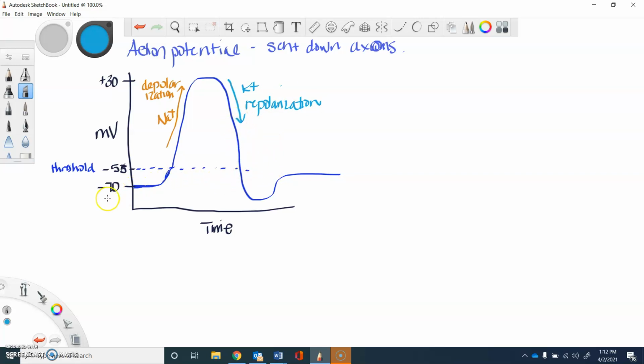Once we get to resting, which is -70, the gated channels that are open for potassium are kind of slow to close. So the potassium causes sort of an overshoot, which is called a hyperpolarization here.